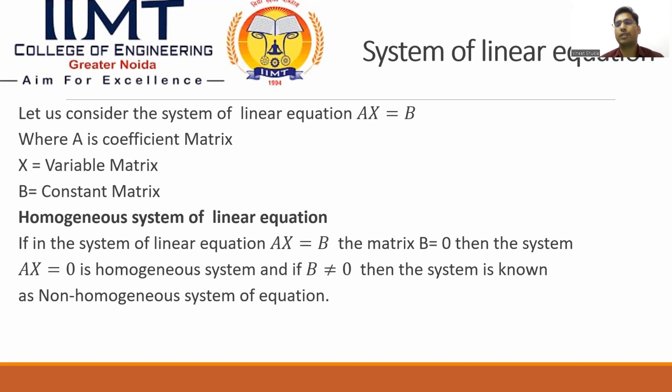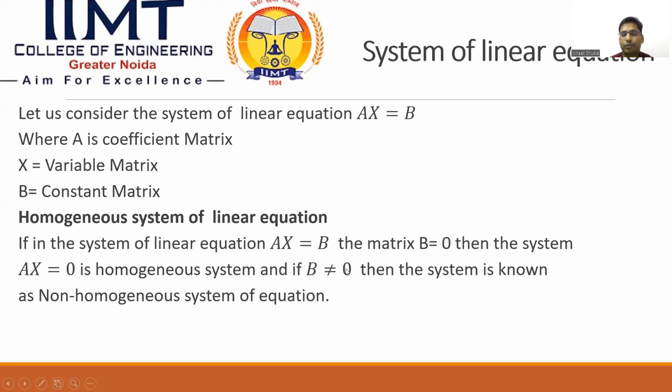Now we will study the uses of rank to solve a system of linear equations. Suppose we have a system of linear equations Ax equals B, where A is known as the coefficient matrix, X is the variable matrix, and B is the constant matrix. Now, the homogeneous system of linear equations: if B equals 0, then the system Ax equals 0 is known as a homogeneous system.